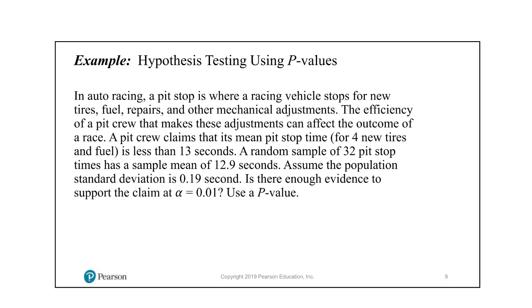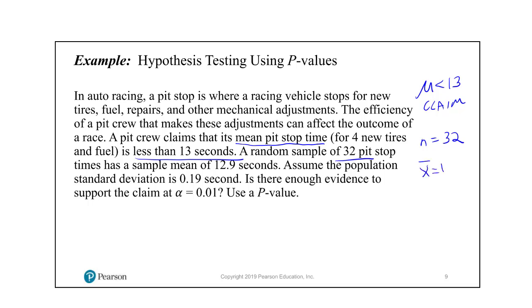A pit crew claims its mean pit stop time is less than 13 seconds. Okay, so we know mu less than 13 is the claim. We'll figure out where to put that later. Random sample of 32 pit stop times. Sample size 32, n. Has a sample mean of 12.9.